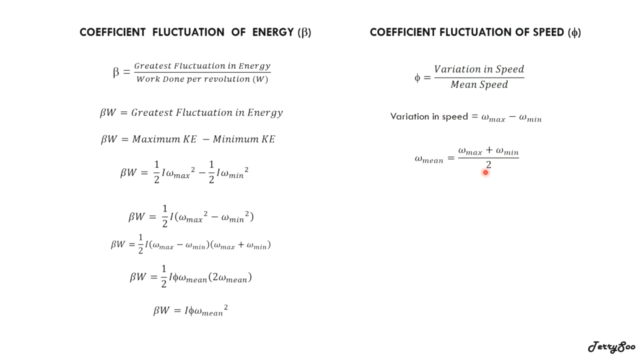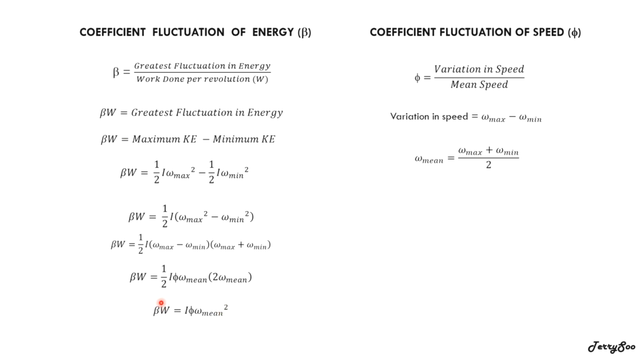From this, maximum plus minimum is equal to 2 times mean, so that is why you have this here. And then the variation in speed is max minus min. So therefore it equals phi times mean speed. You see variation in speed is equal to phi times mean speed, which is also equal to max minus min. So that is how you got this formula.